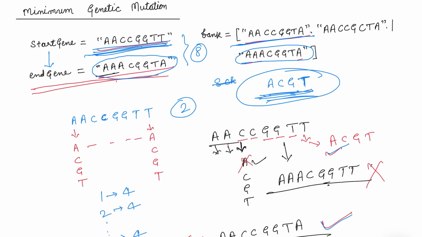Okay, and this end gene must also be available inside the bank. If the end gene is not available inside the bank, then just return -1. That is the case given. But if it is available, then we have to find out the total number of steps.